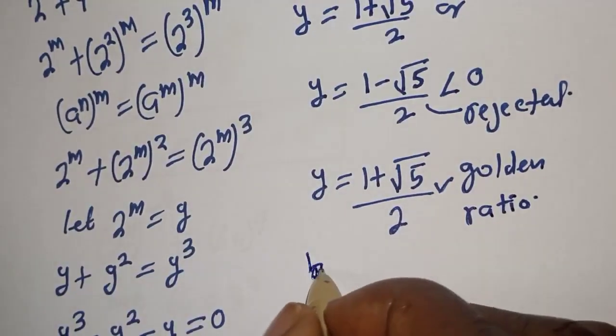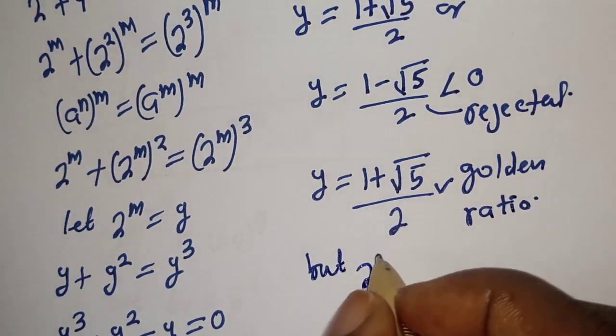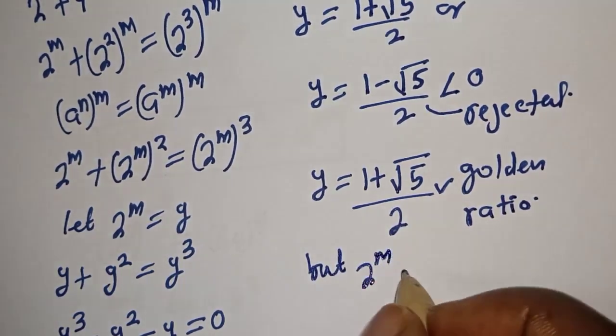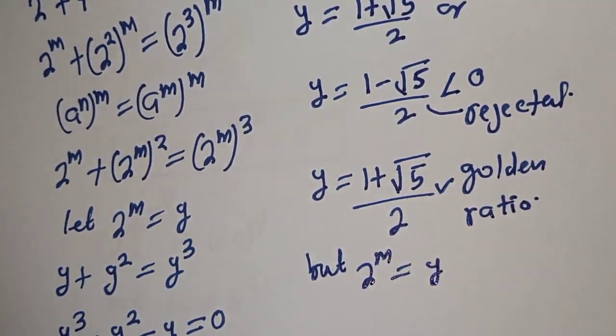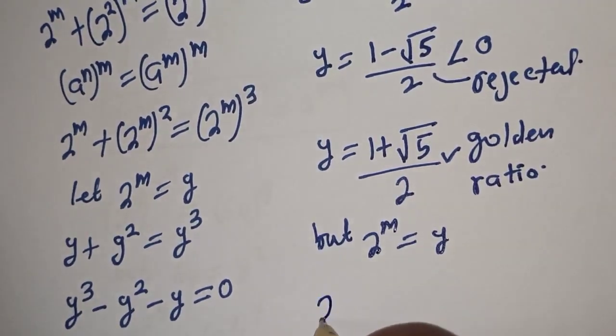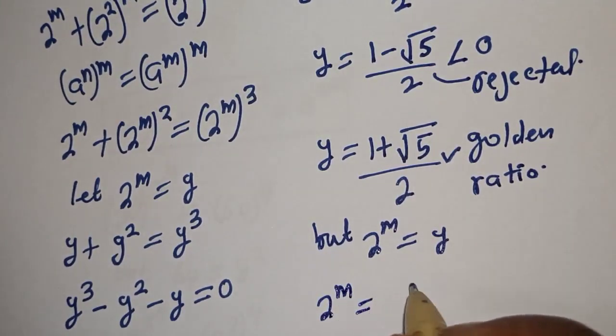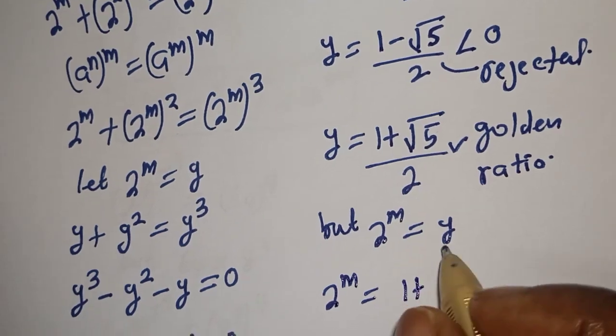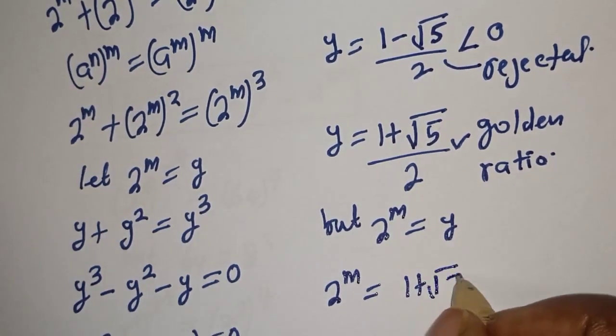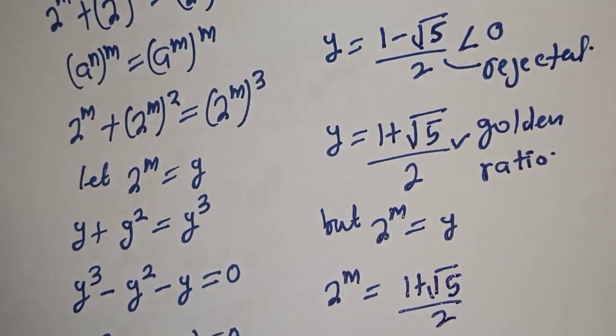But 2 raised to power m is equal to y. 2 raised to power m is equal to 1 plus square root of 5 over 2.